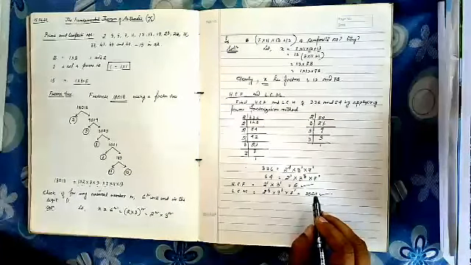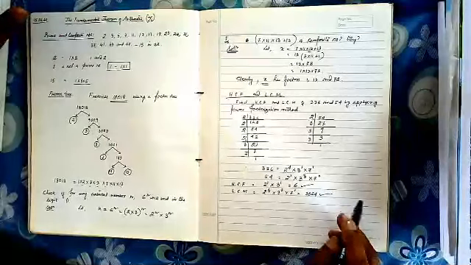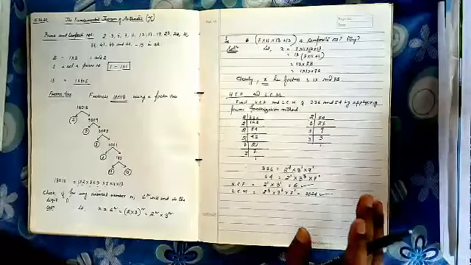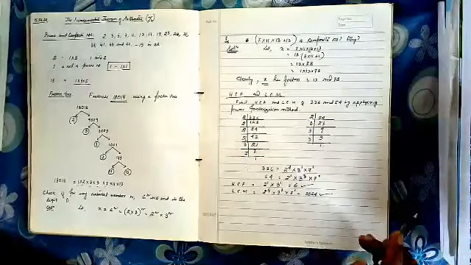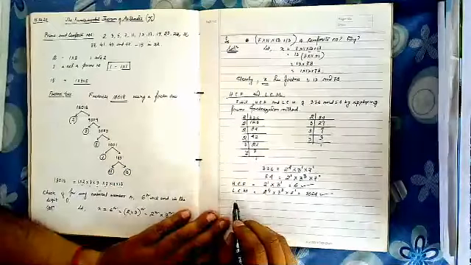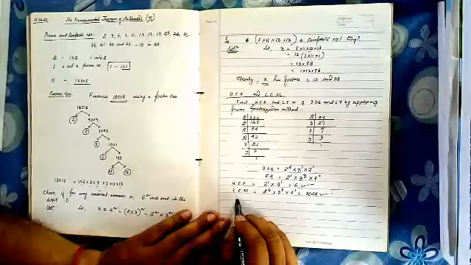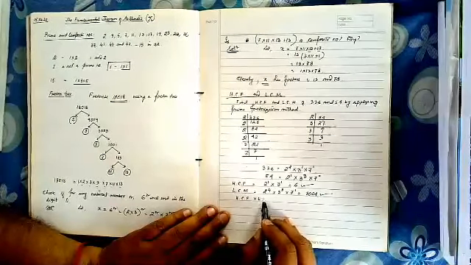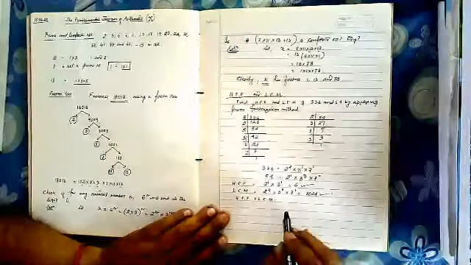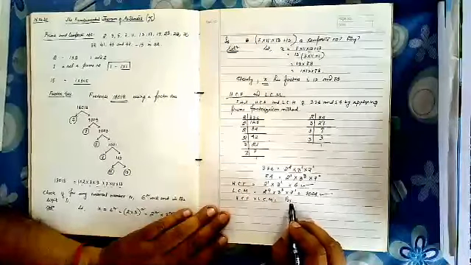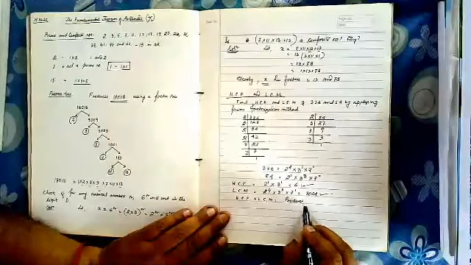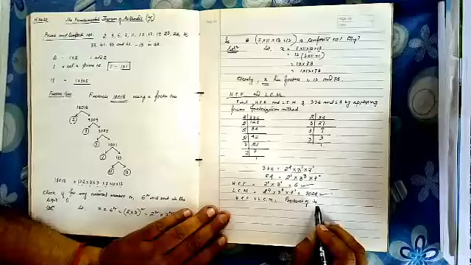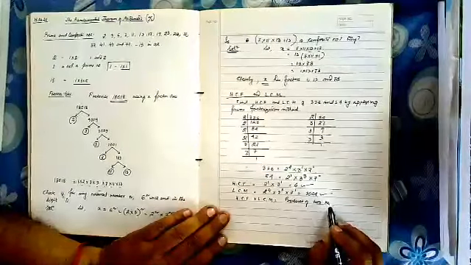Now let us mention one thing here. What is the relation between HCF, LCM and product of the two numbers? We all know. I think you also know. HCF into LCM is equal to product of two numbers.